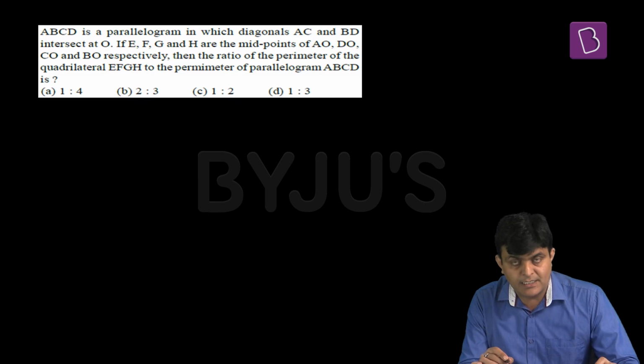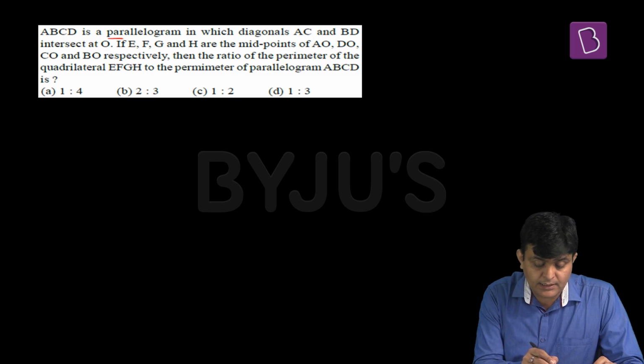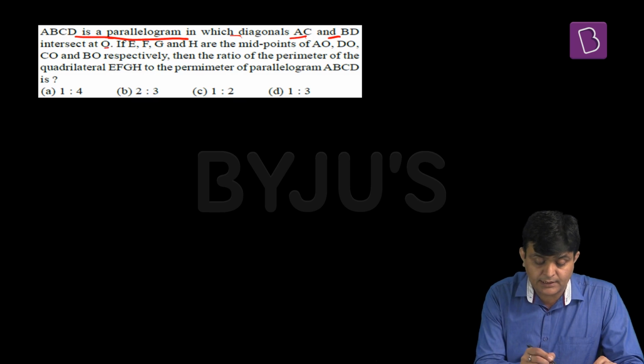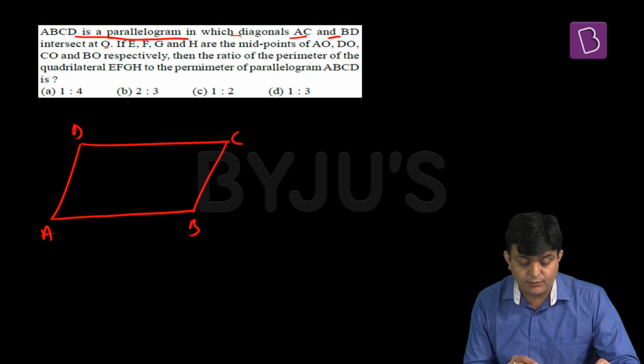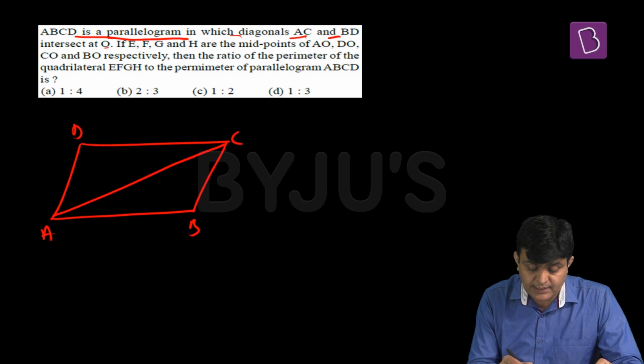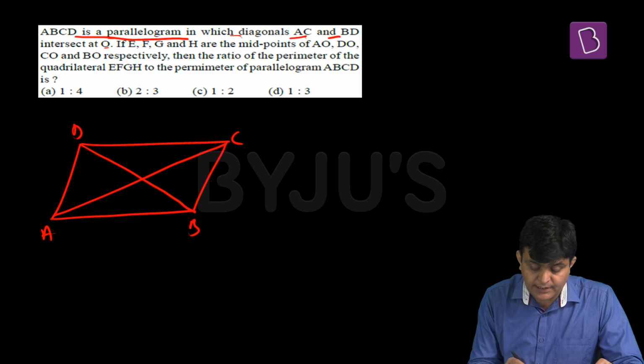See, next example is, ABCD is a parallelogram in which diagonals AC and BD intersect at O. Let ABCD be a parallelogram and diagonals AC and BD intersect at O, right?